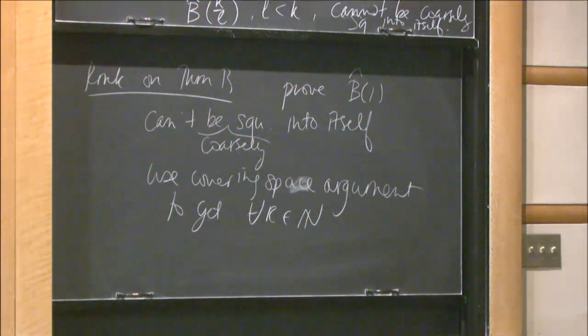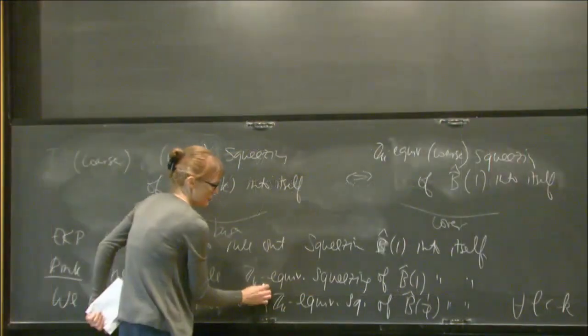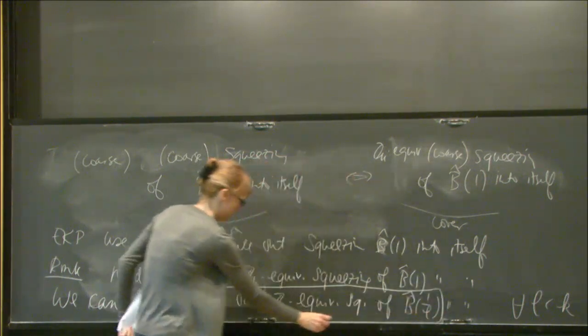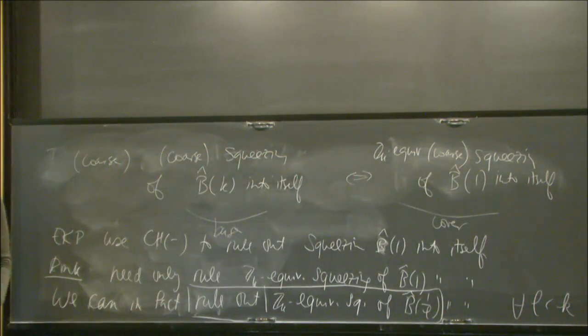Okay, so that means that the main thing that I'm going to just quickly sketch for you is ruling out of Z_k equivariant squeezing of hat B_1 over L.